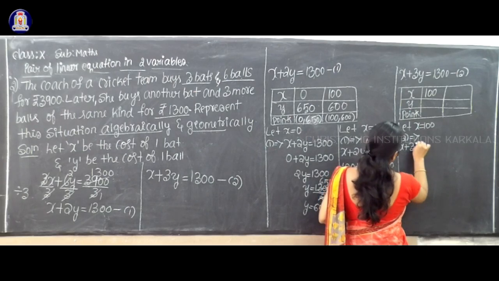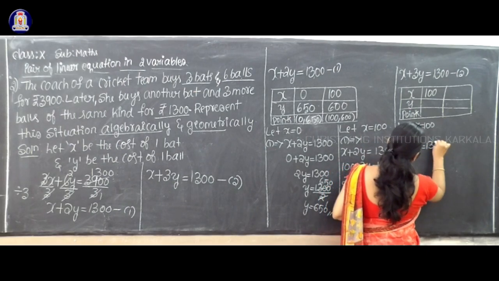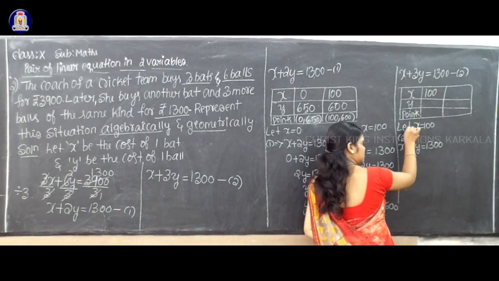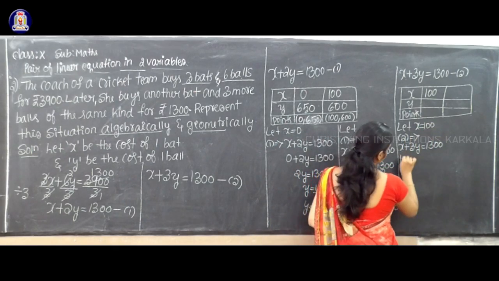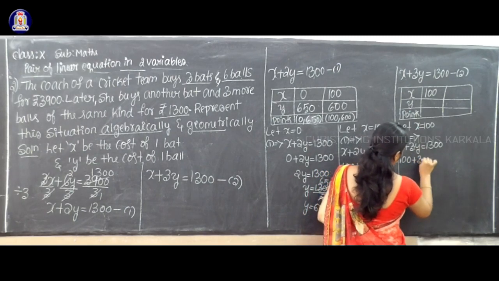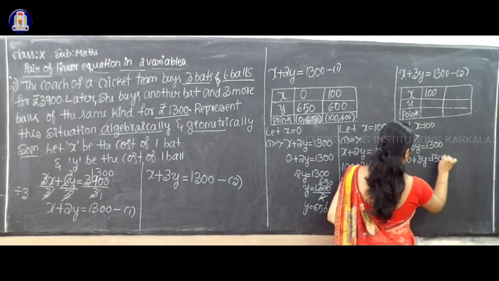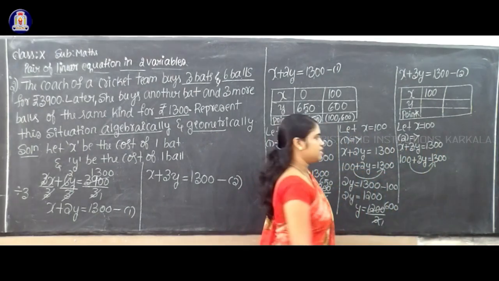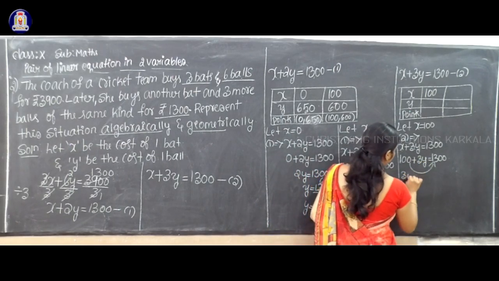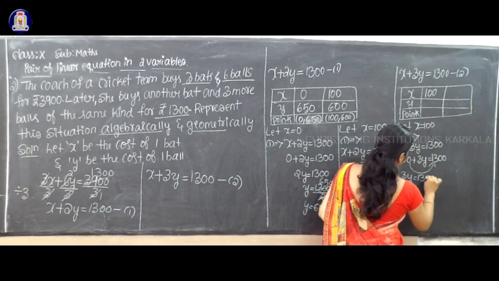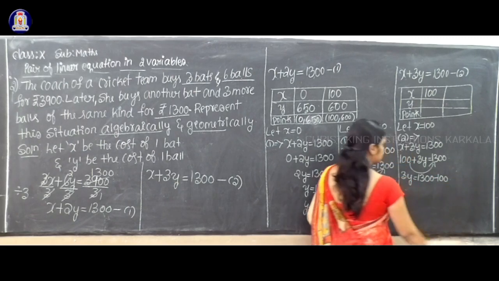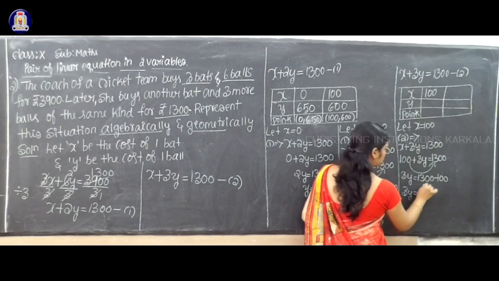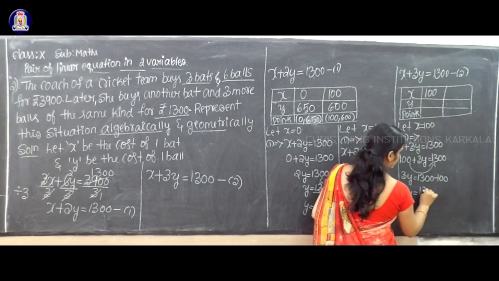X plus 3y is equal to 1300. In the place of x, substitute 100. So 100 plus 3y is equal to 1300. Shift this 100 to the right hand side, so you will get 3y is equal to 1300 minus 100. So 3y is equal to 1300 minus 100, which is equal to how much?